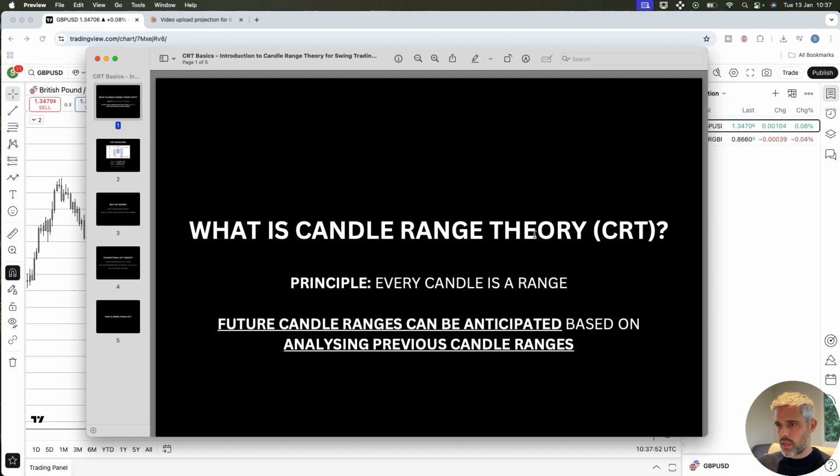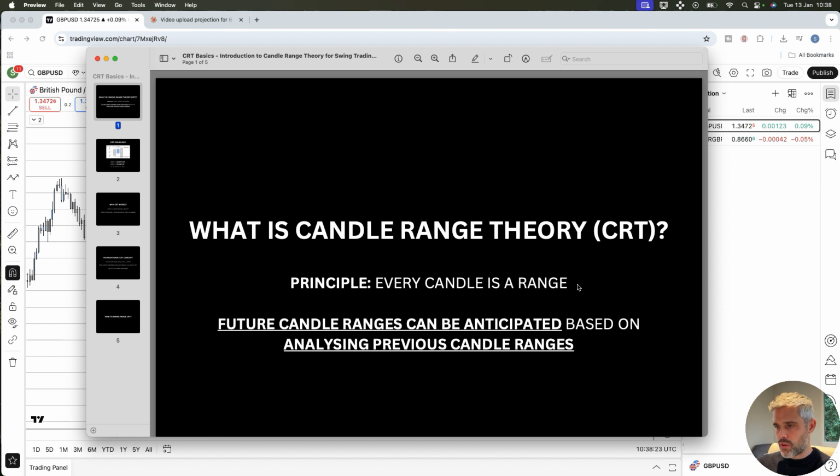Candle range theory. So the principle of CRT, as I'm going to allude to, is every candle that you see on your candlestick charts is a range of price action that can be traded. I'm going to go into that in more detail, but if you think about it, any future candle ranges can be anticipated based on analyzing previous candle ranges.